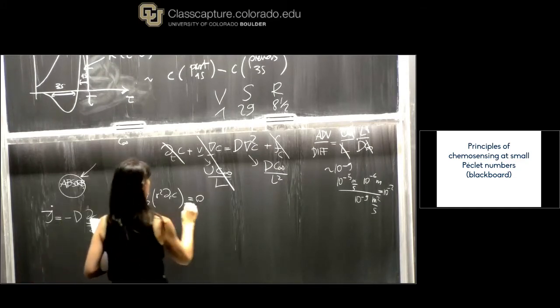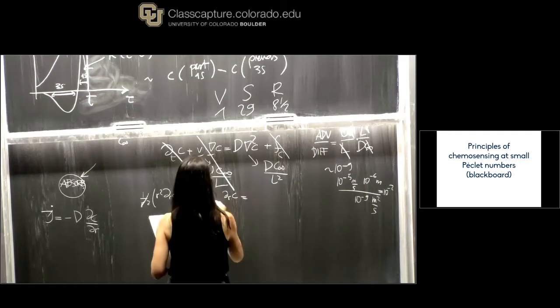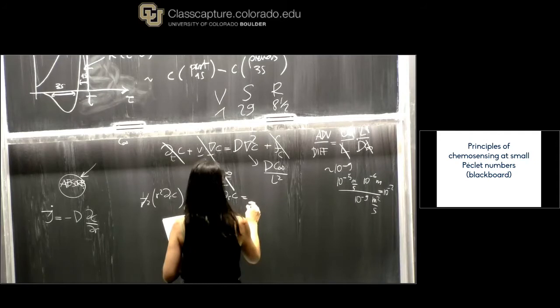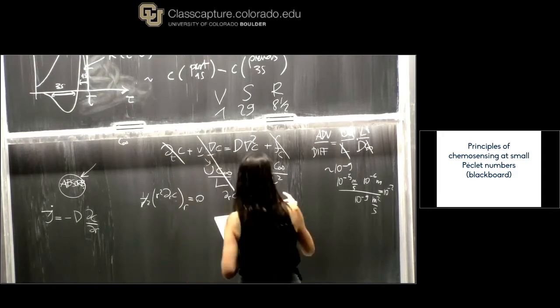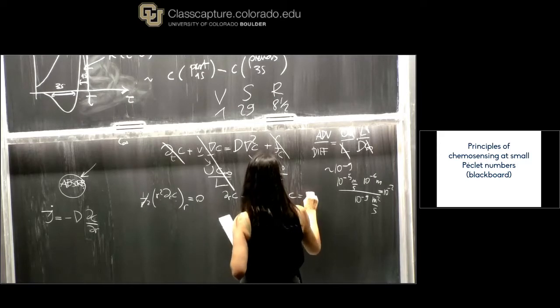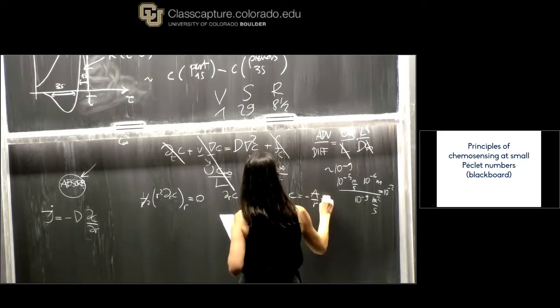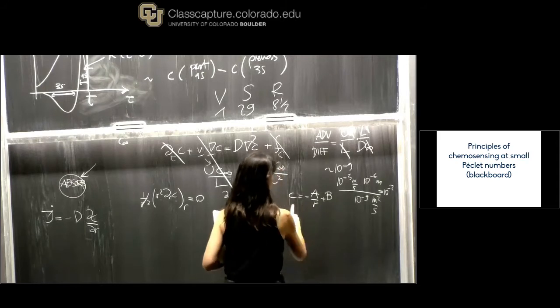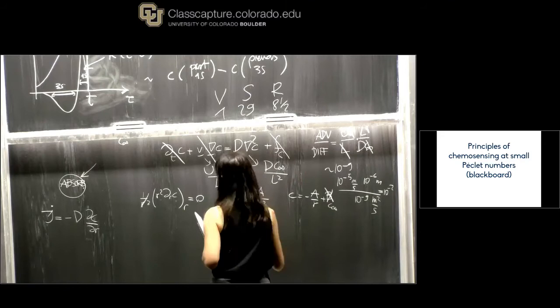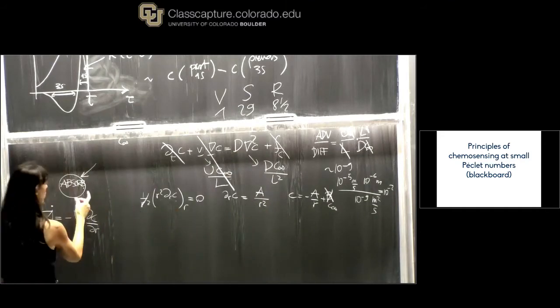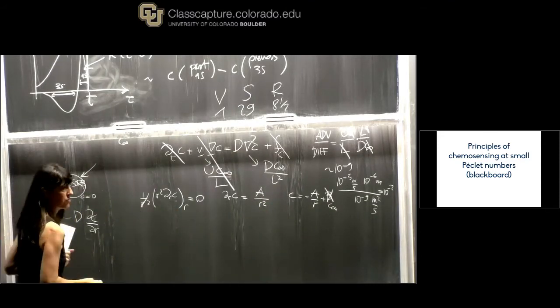Okay, so this goes away. So r squared dc/dr is a constant, which I call A. I divide it by r squared, and then I integrate once more, and I get c equals minus A over r plus B. At infinity, this is c infinity, and then I need another boundary condition. Because this is an absorber, I'm going to say this is 0.